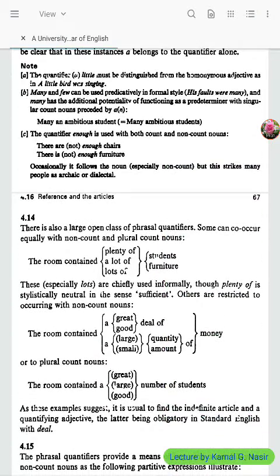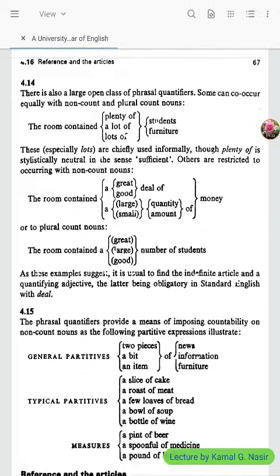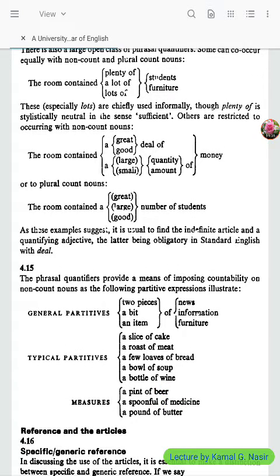We come to other examples. For example, we say the room contained plenty of students. Plenty of is another class of phrasal quantifiers.